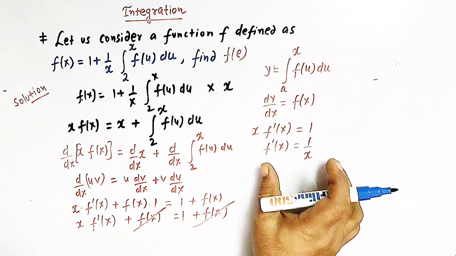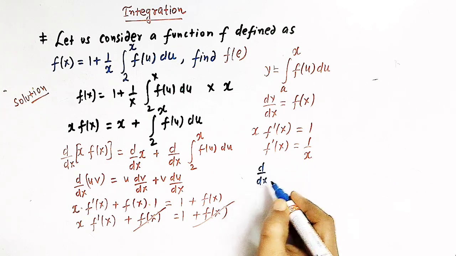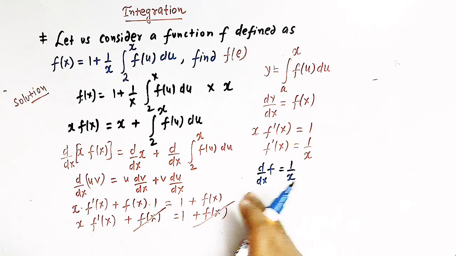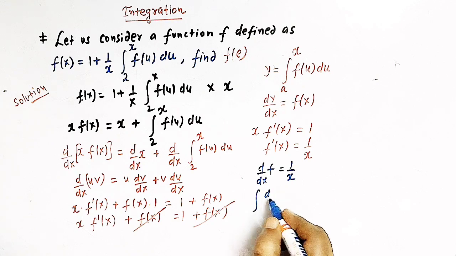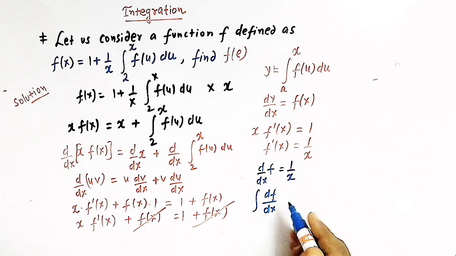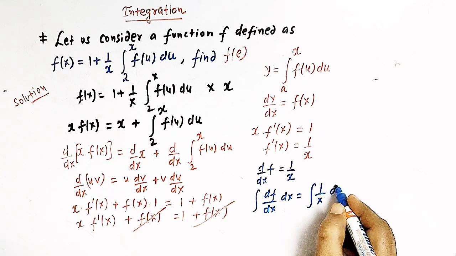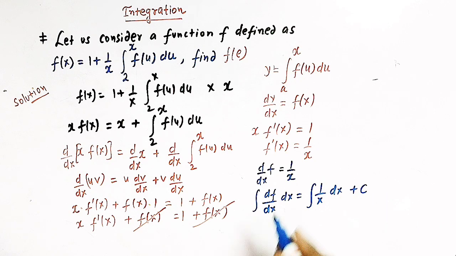So now we have a simple differential equation here, that is d by dx of f is equal to 1 over x. So we can simply integrate both sides with respect to x. So we have integral df over dx, and here we can write dx, and here we have 1 over x dx plus c. C is the constant of integration, right?